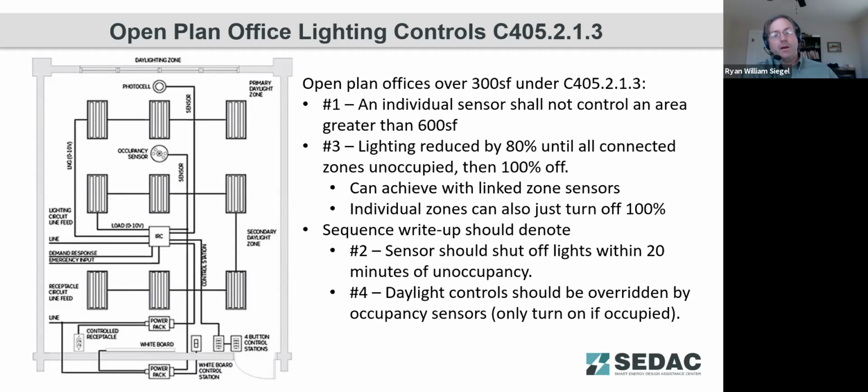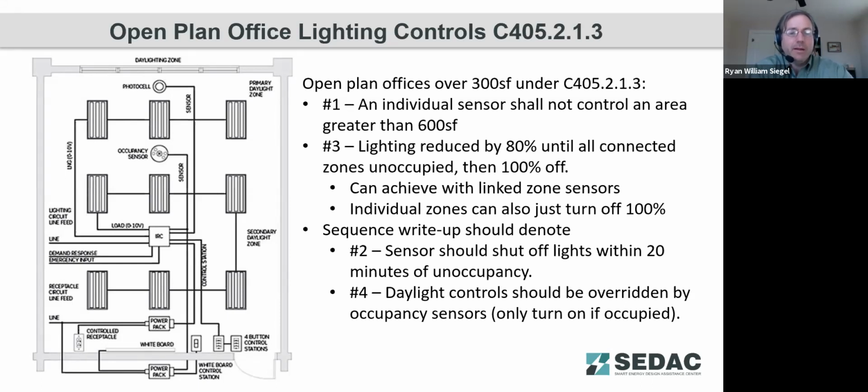So also understanding that daylit or daylighting controls should only turn on if there's occupancy sensed in that zone. So we don't want it where at the end of the day, the sun goes down and all the lights in the daylit zones come on because there's no longer adequate daylighting, even if there's no occupants in that area.